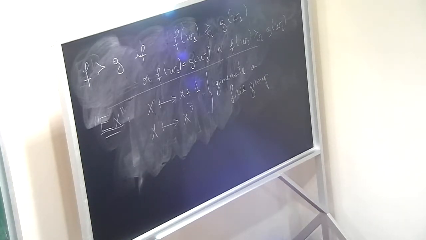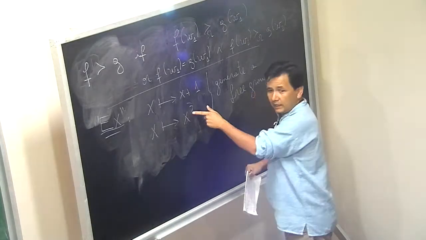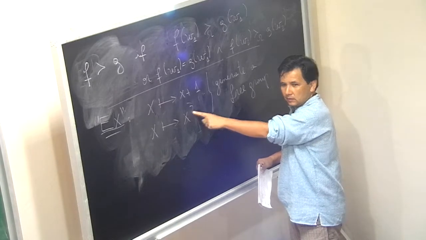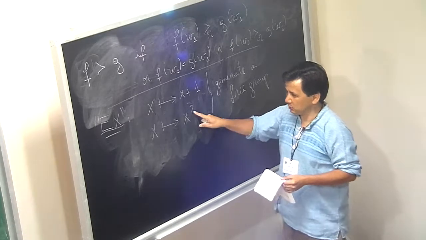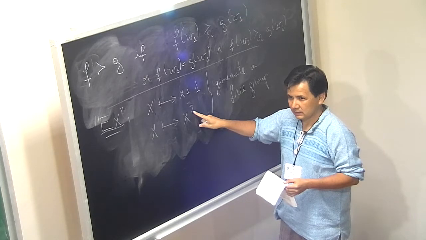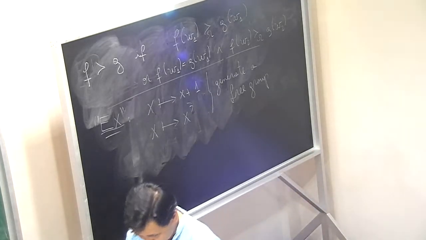I think it works for any p, a prime number, x to the p. I am not sure it works with any prime number, which is of course an odd prime number.